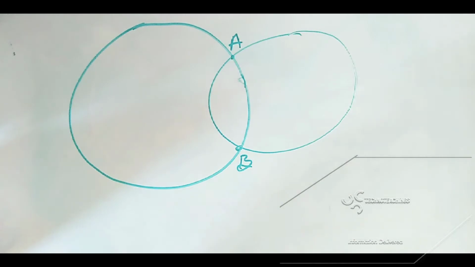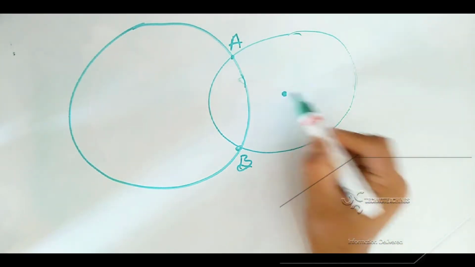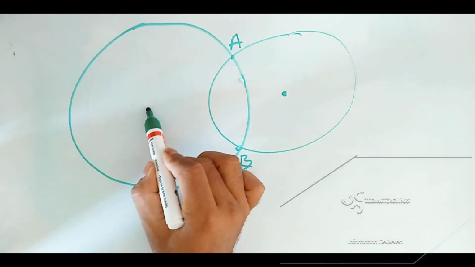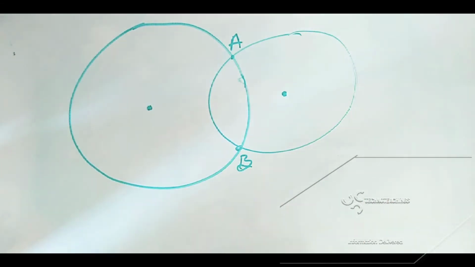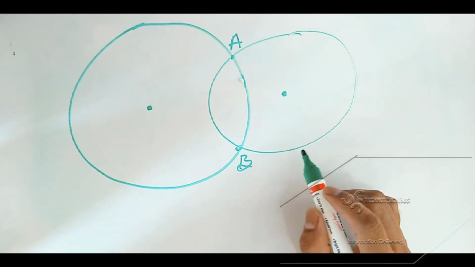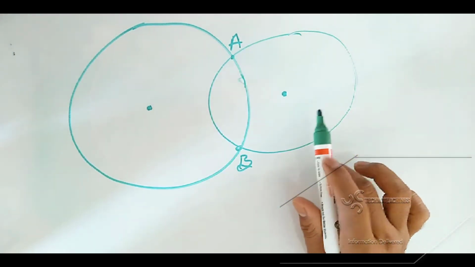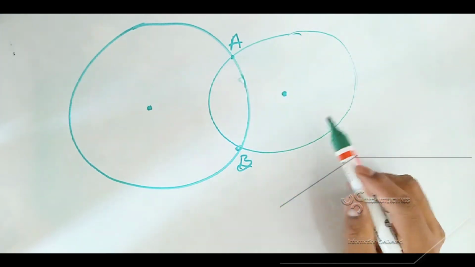Okay. So we now point out the center of the two circles. Every circle will have its own center point. So I will draw the radius according to this intersection point.